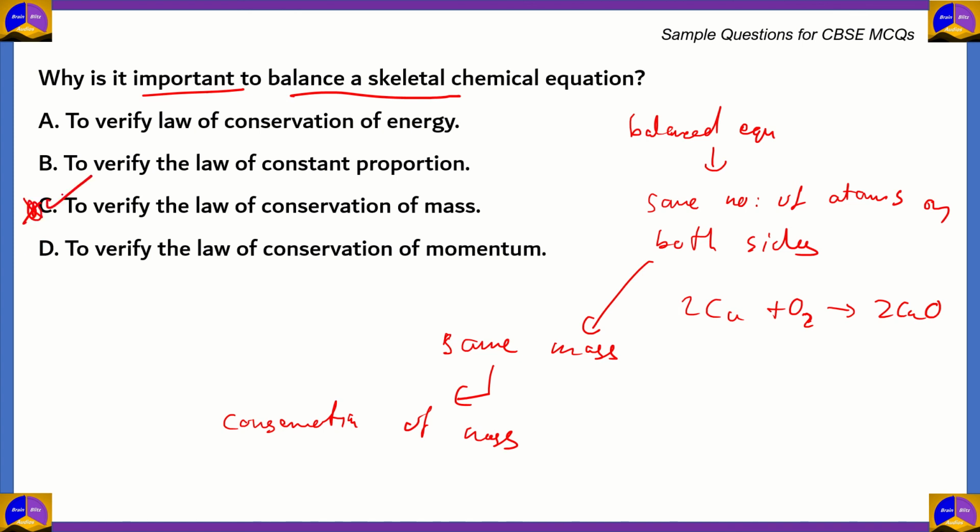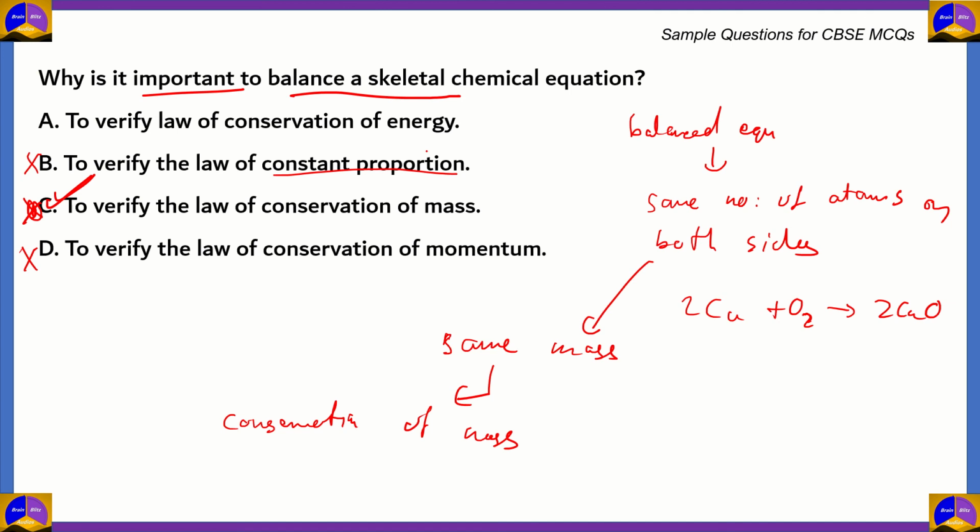Option D says conservation of momentum. It means that the initial momentum will be equal to the final momentum. Here we're talking about mass when it comes to a balanced equation. So D is incorrect. To verify the law of constant proportion, what does the law of constant proportion state? It states that any compound which is found in nature, irrespective of its source, will have the same chemical composition.